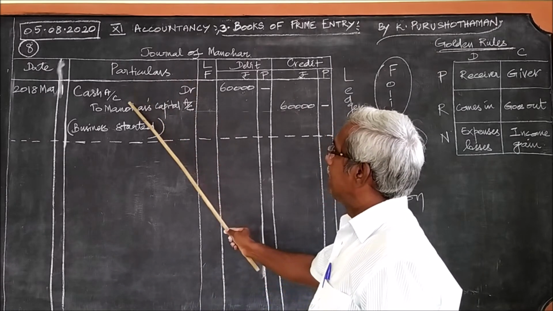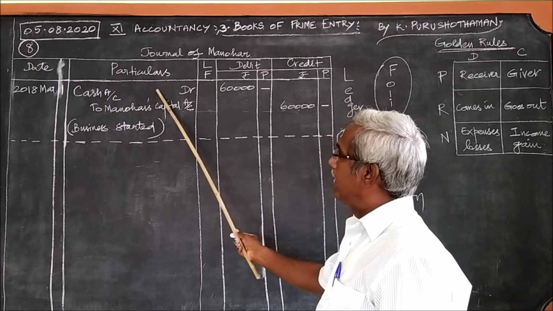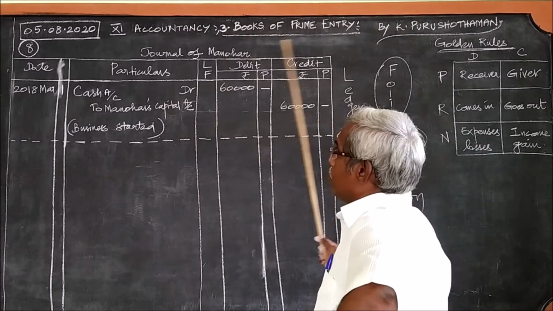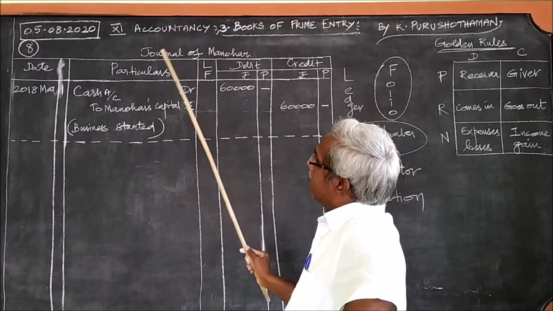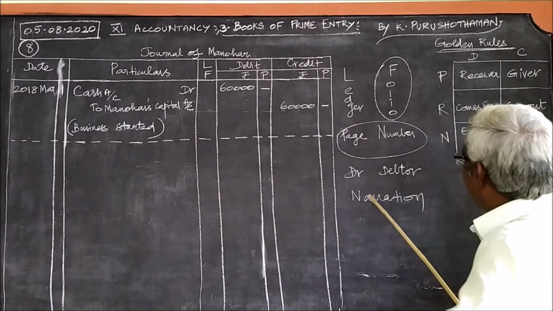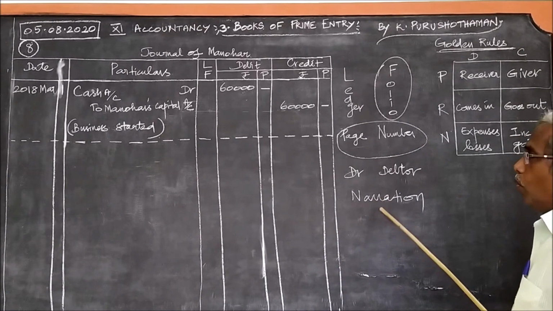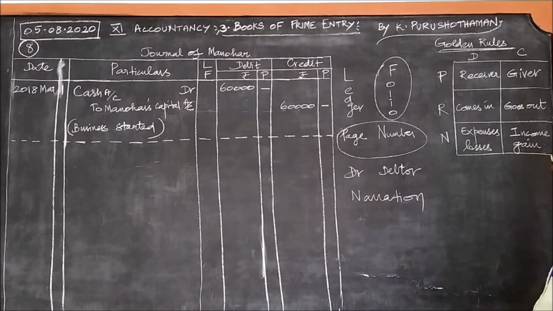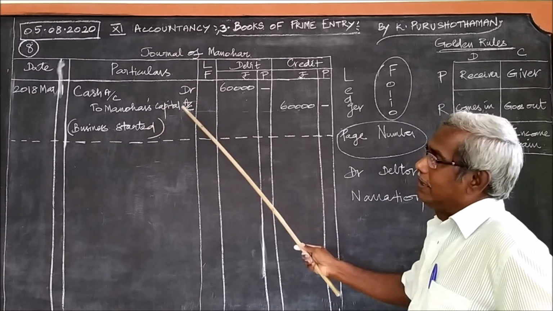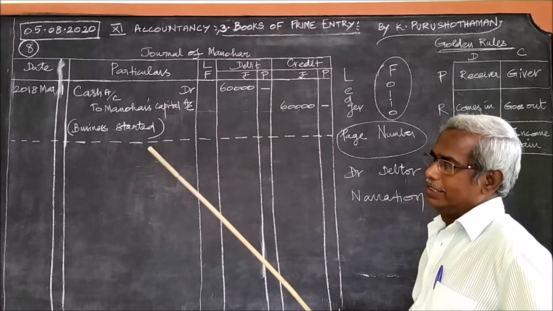See, first line is for debit, second line is for credit. I shall explain using the rules. The statement written inside the bracket is called narration, I said. What do you mean by narration? A brief explanation given inside the bracket for the transaction made.